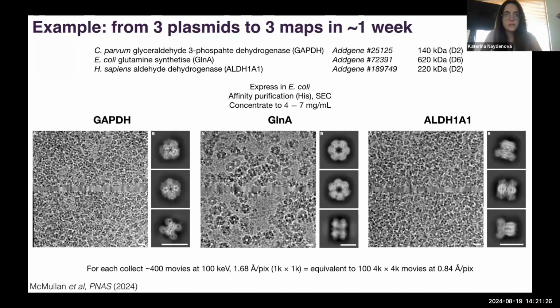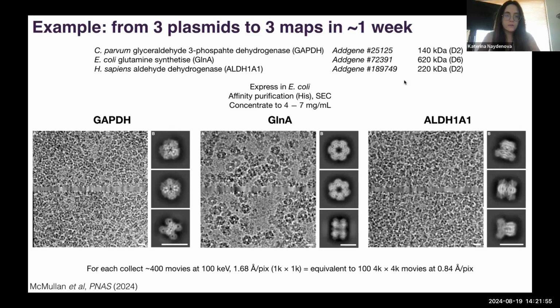So we went on our gene and chose 3 plasmids that encode the following proteins: GAPDH, glutamine synthase, and aldehyde dehydrogenase. We ordered these plasmids, expressed these constructs in E. coli, and used affinity purification to get these proteins. We cleaned them up by size exclusion, and then we just froze 1 grid of each.